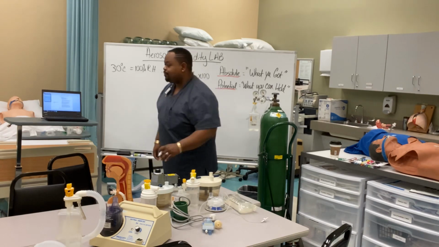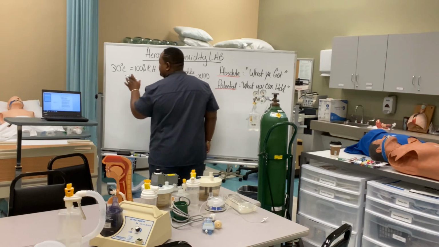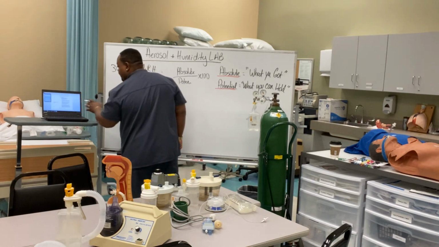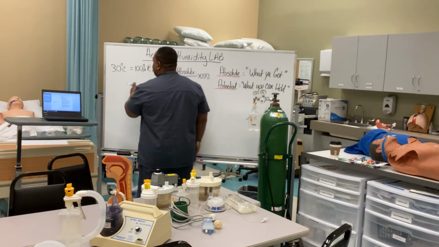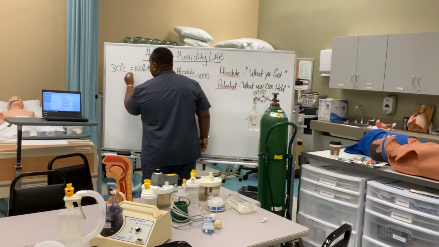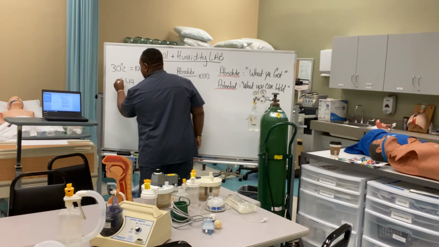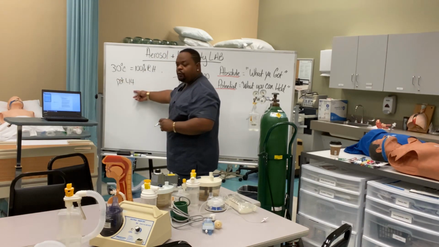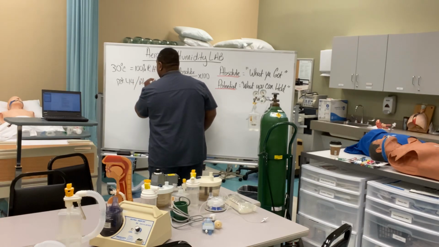This is why. At 30 degrees Celsius, let's just use the numbers 44 and 22. Let's say you have the potential to hold 44, and you're holding an absolute of 44.